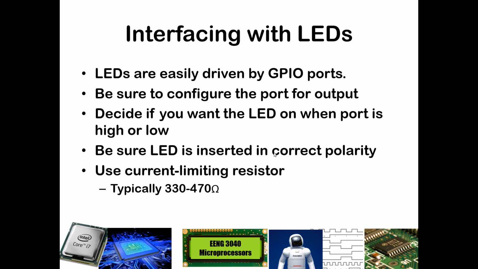It's also important to know that LEDs are fairly low current devices, on the order of milliamps. And so you don't want more than about 10 or so milliamps going through an LED. And so typically if we have a 5-volt signal, what we will do is use a current limiting resistor, typically on the order of 330 to 470 ohms, and that will limit our current to somewhere between 10 and 20 milliamps typically.